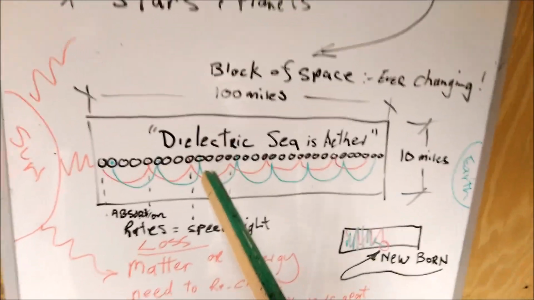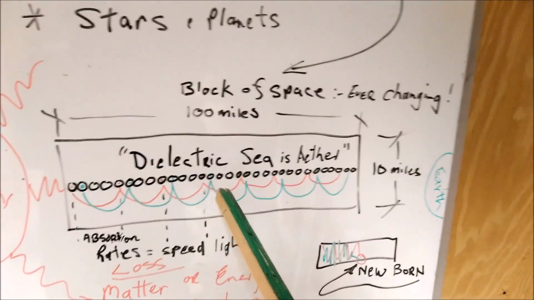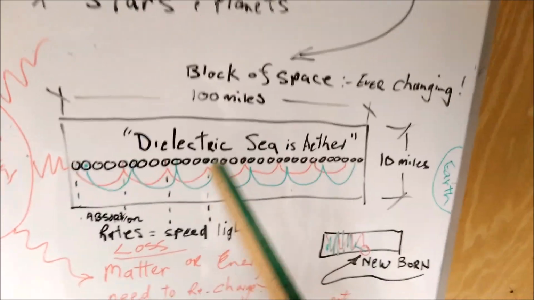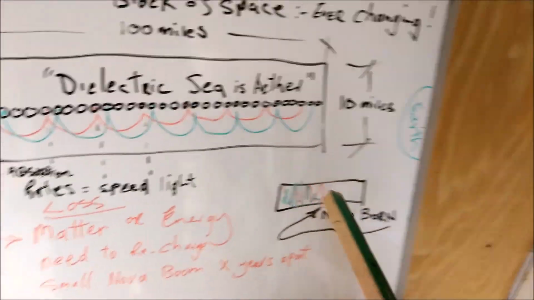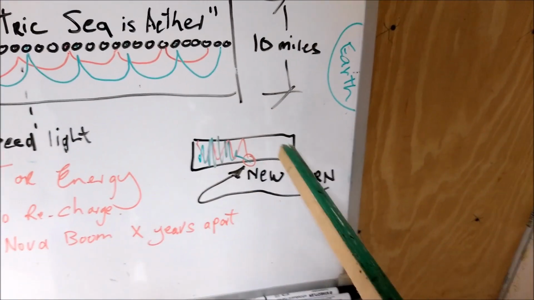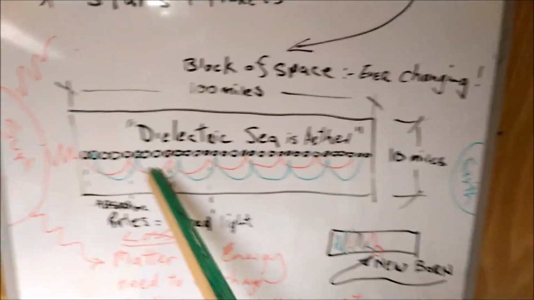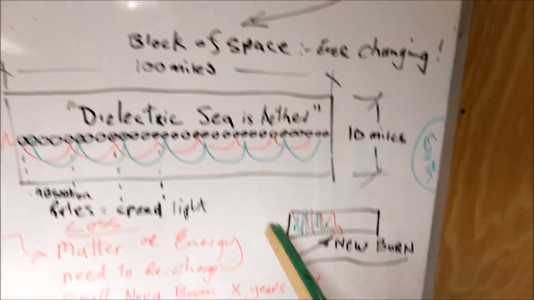So you've got polarized light and non-polarized light traveling along, interfering with itself as it travels. And every now and again, this oblong here is a small version of this oblong here, this 100 miles by 10 miles.